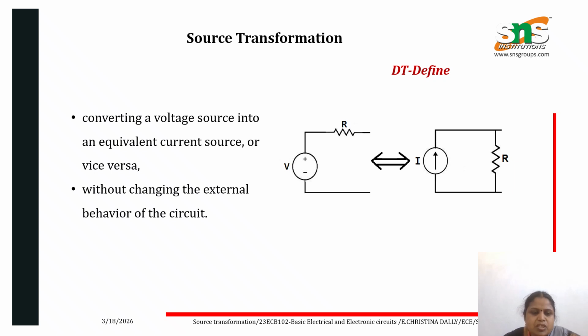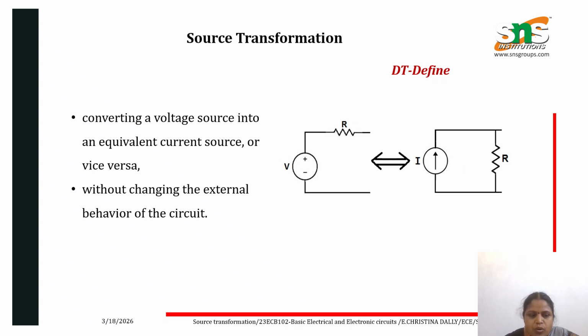So what do you mean by source transformation? It means we are converting a voltage source into an equivalent current source or vice versa, without changing the external behavior of the circuit. The first diagram represents a voltage source with a resistor connected.